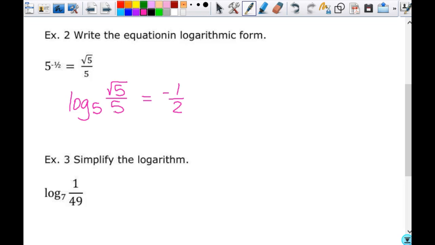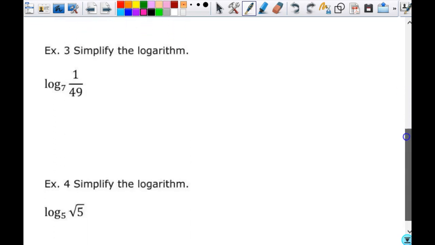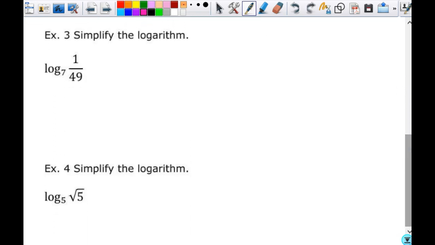Okay, so when I'm going to simplify them, it means I'm probably going to be able to get some sort of number here. Now this is an expression, but in order to simplify it, I have to change it to an equation. So anytime you don't know what something is, you can use x. The rule actually says to use k. I would suggest using k because sometimes there's x's in the problem, and that just might be more confusing once other things happen. So we're going to set this equal to k. Then I'm going to rewrite this, and I'm going to have 7 to the k power equals what? 1 over 49.